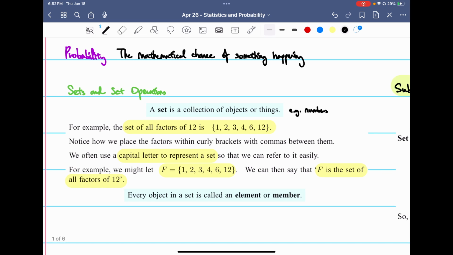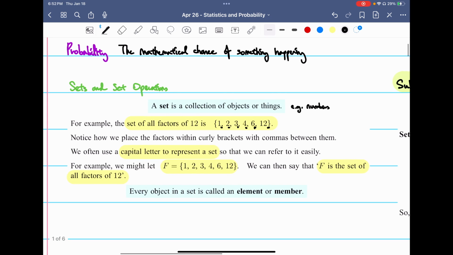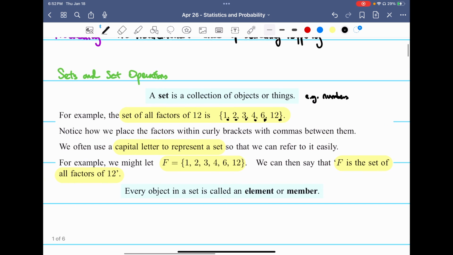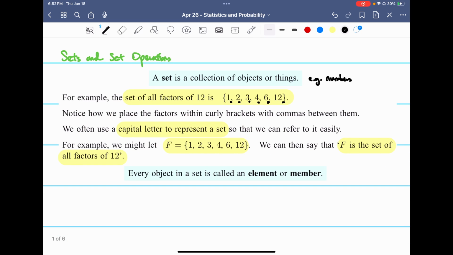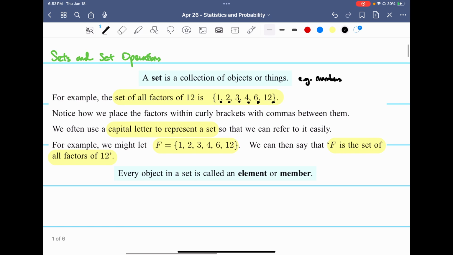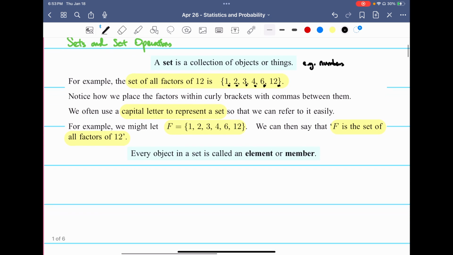The set of all factors of 12 is {1, 2, 3, 4, 6, 12}. Notice we place the factors within curly brackets with commas between them. We often use a capital letter to represent a set so that we can refer to it easily. For example, we might let F equal the set {1, 2, 3, 4, 6, 12}. We can say that F is the set of all factors of 12.